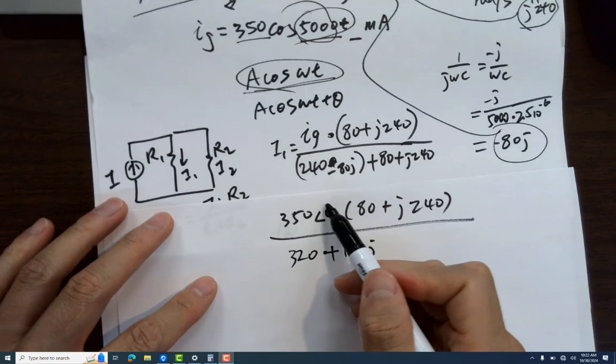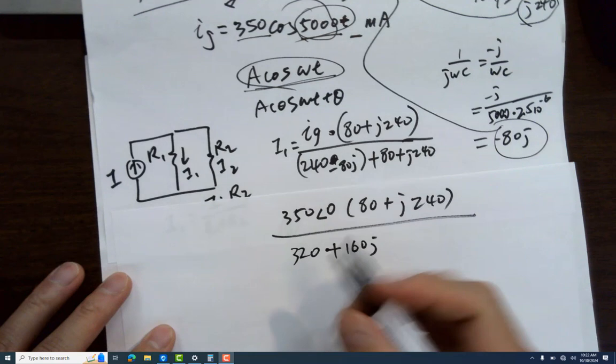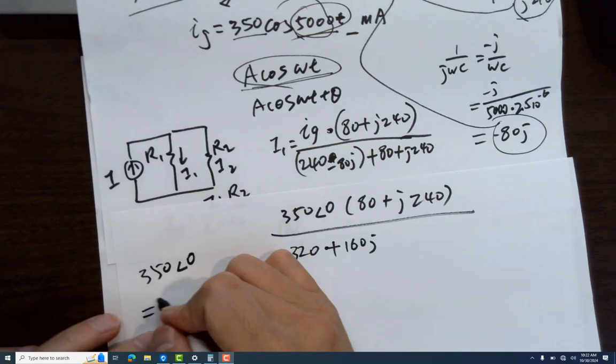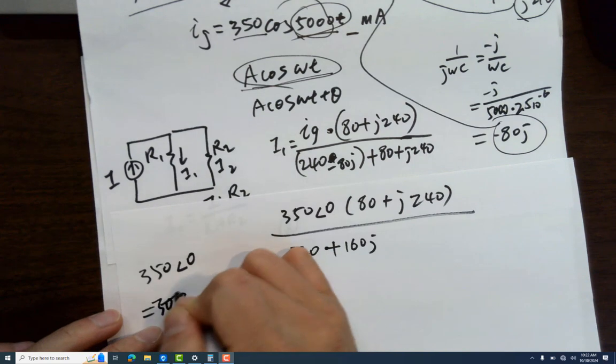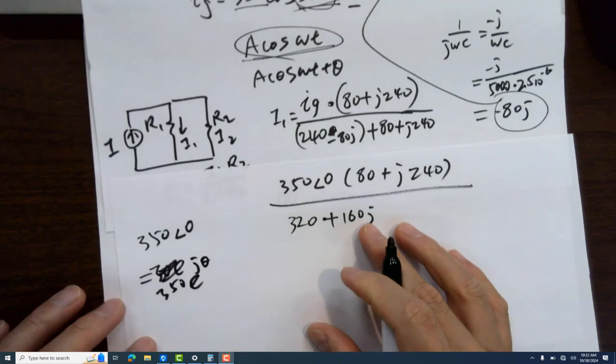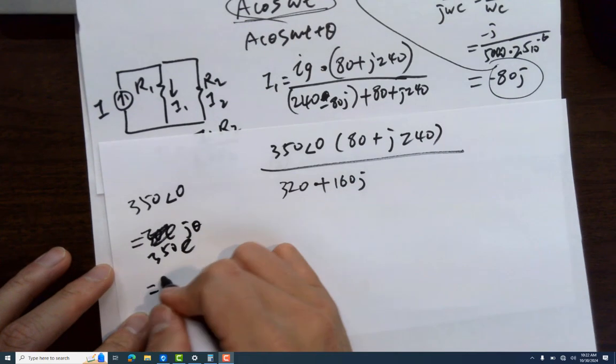How do we deal with this angle here? What does the angle mean? 350 angle 0 equals what? It's basically just 350, right?